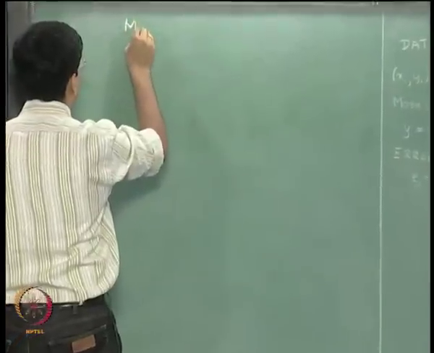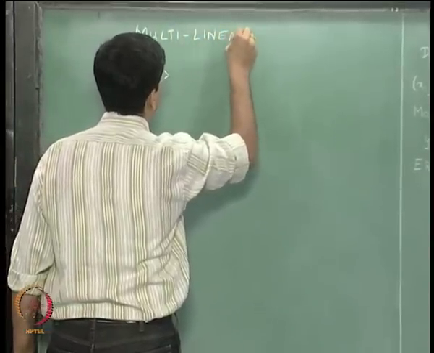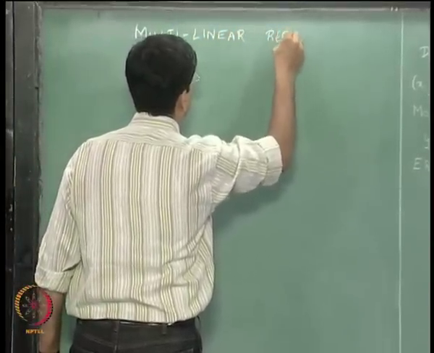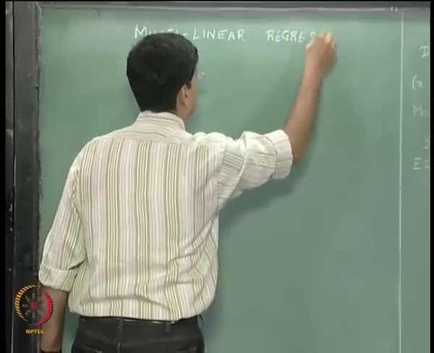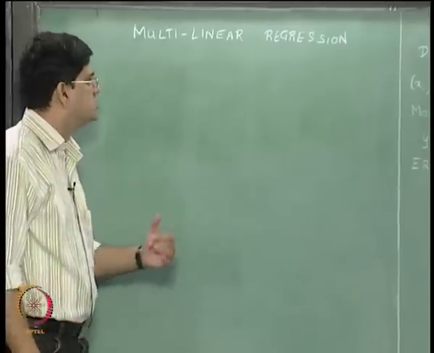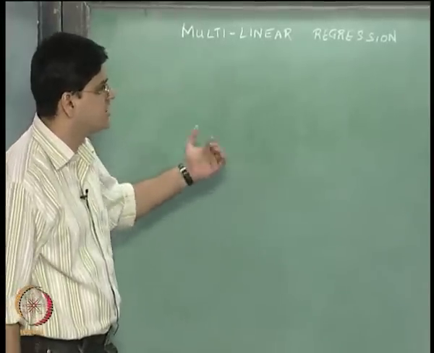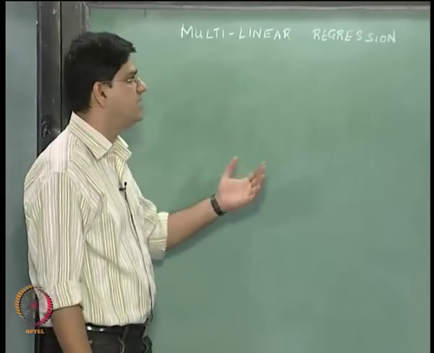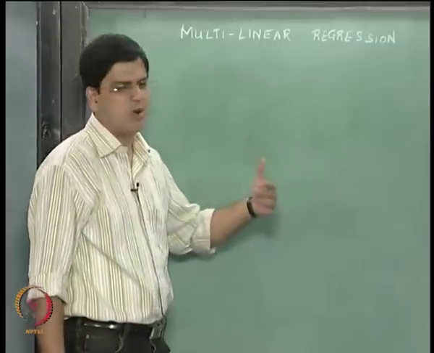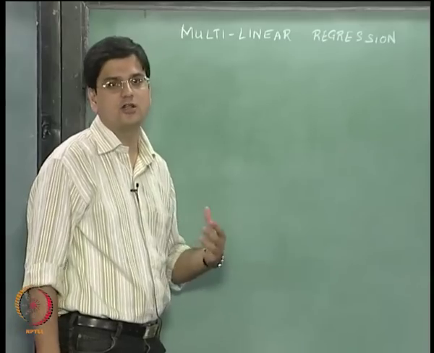Now, let us go ahead and look at how to do linear regression in multiple variables. Just for notational simplicity, rather than confusing ourselves with x1, x2, x3 and so on, I will just take the independent variables as x, u and w, and the dependent variable as y, just for the sake of simplicity.